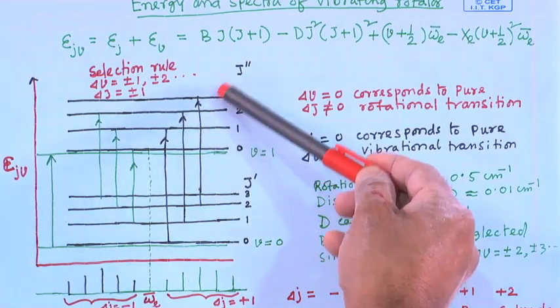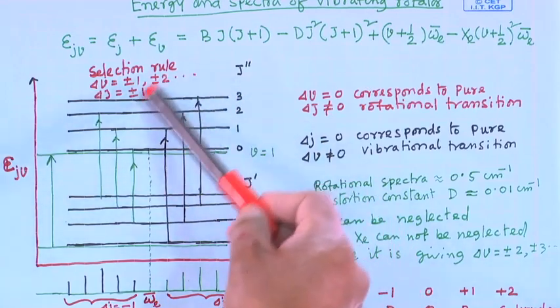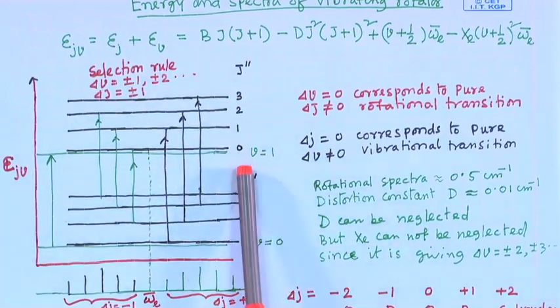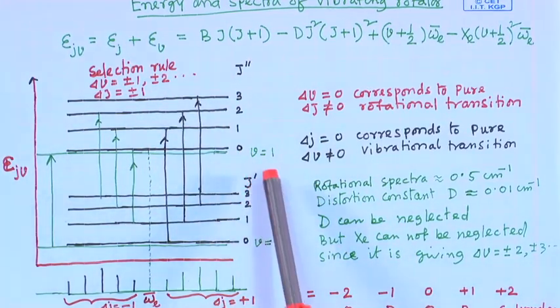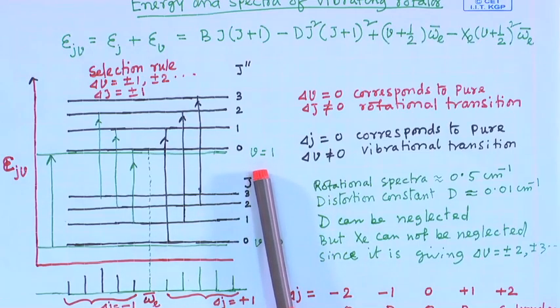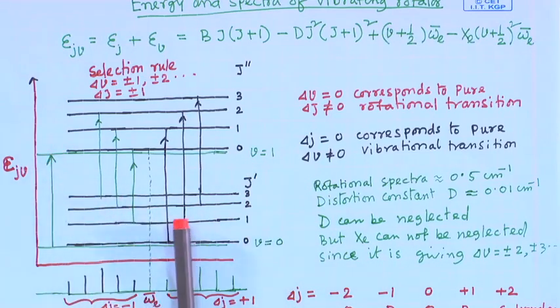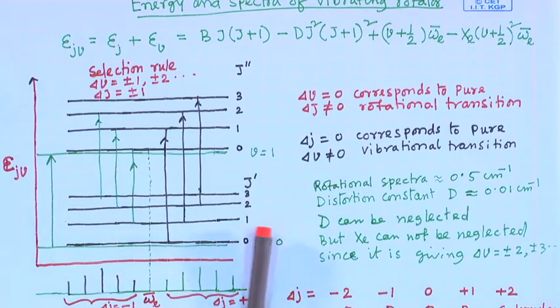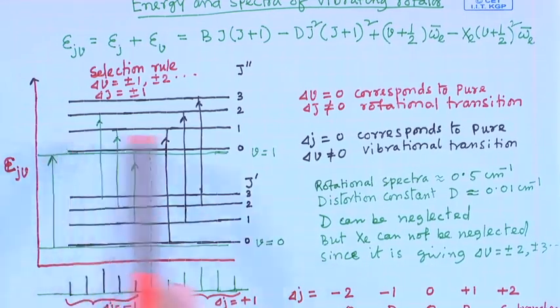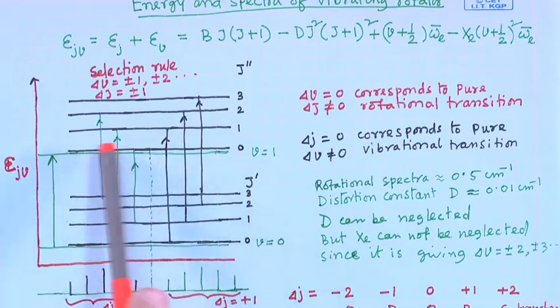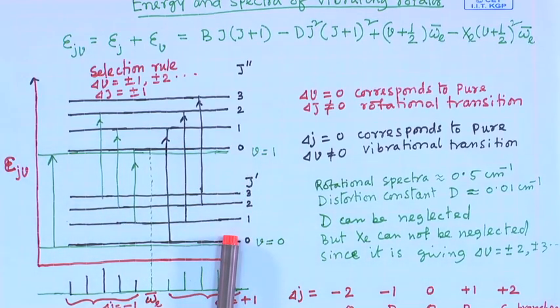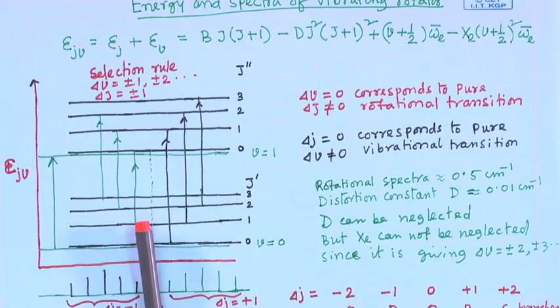So, these rotational levels will be associated with v equal to 1, okay. So, here in case of vibrating rotators, I have shown just 2 vibrational energy levels, and each vibrational energy level is associated with rotational energy levels, okay.